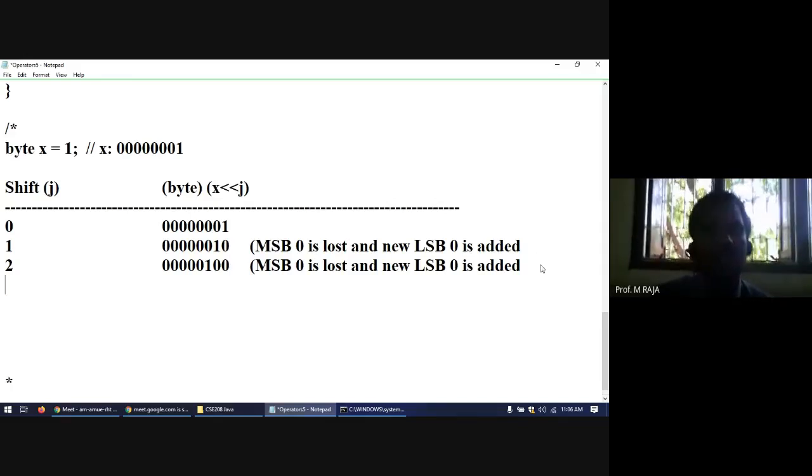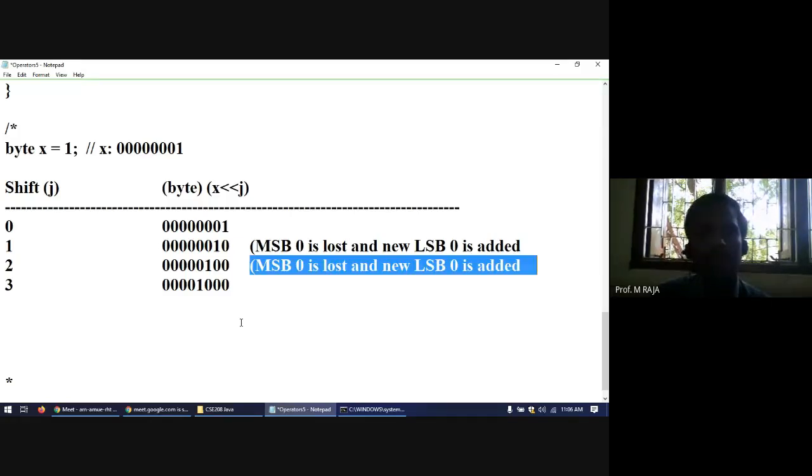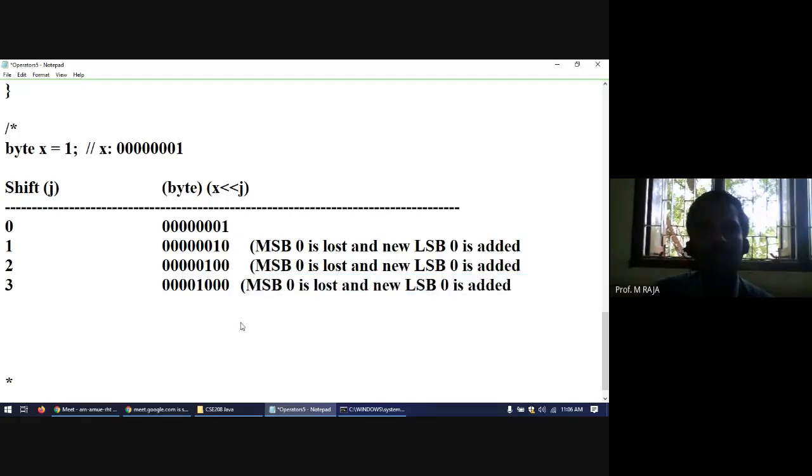Next, shift number 3. In shift number 3, this MSB is lost. Then these 7 bits are moved one position in the left direction. Now new LSB 0 is added. Here also the same explanation: MSB 0 is lost and the new LSB 0 is added.